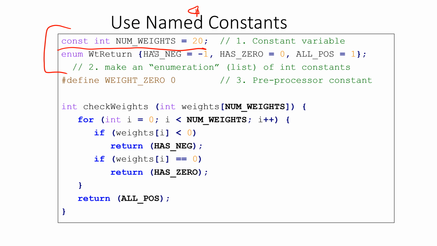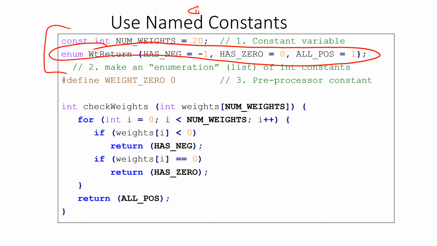Okay, so get rid of this. And now what I can do is I can basically return those names. The code is the same, like the compiler sees the same thing. It just pastes it in: it sees has neg, and it pastes in the value. It's just as efficient, but they're now much more readable, okay? Because this name implies what it does.